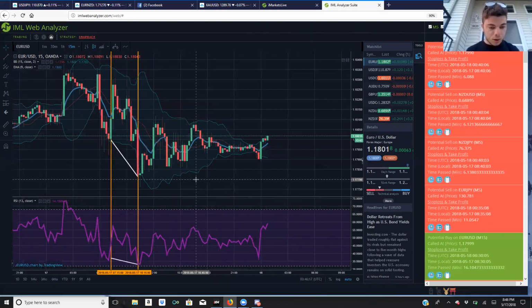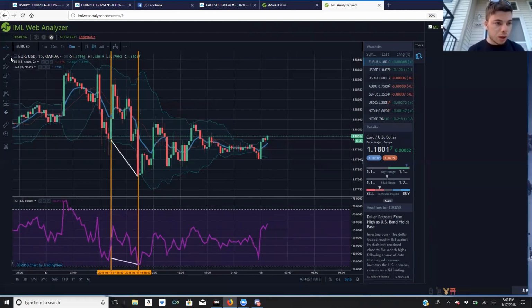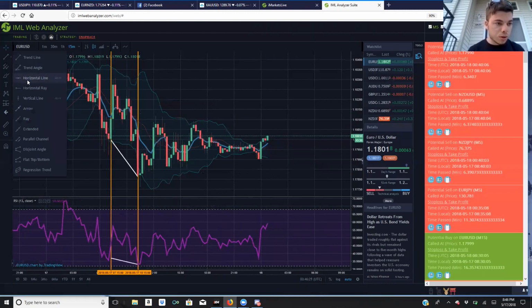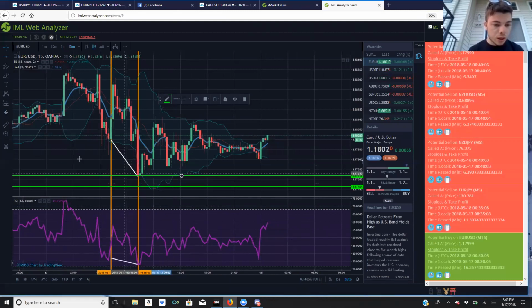Now, let's say we just waited for this green candle to pull back in. Entry is right there. We'll make this red because that's our stop loss.